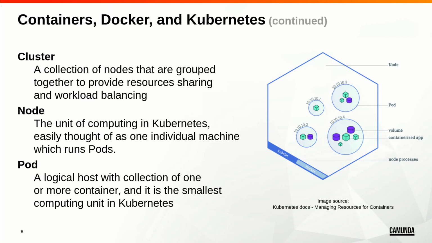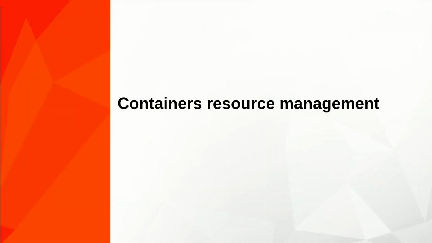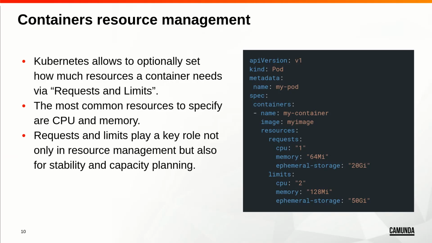Now, let's take a look at container resources management in Kubernetes in more detail. As you can see here on the right side, this is an example of setting the requests and the limits for containers in a pod, which is, I think, the common way to do it.